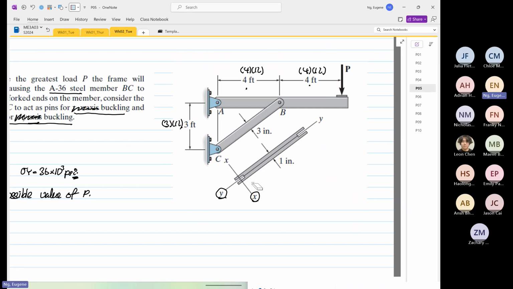Let me change the color to red, I don't think I can see properly with black. Sorry, not necessarily true though. I can use X to Y, so Z can be coming out. So this is Z.